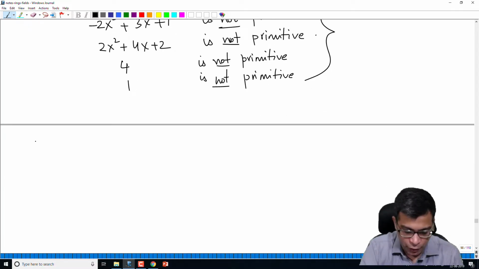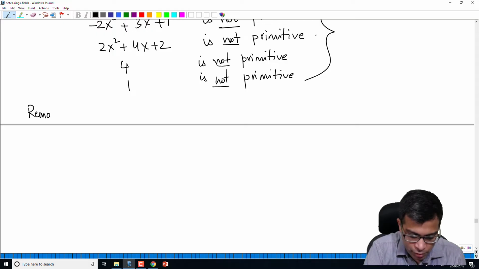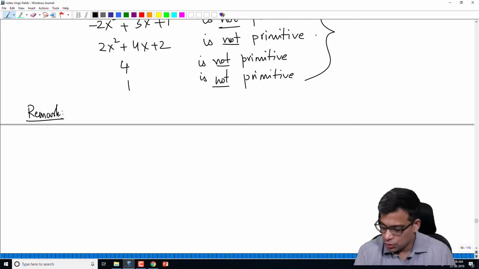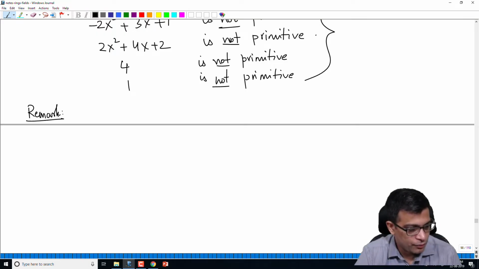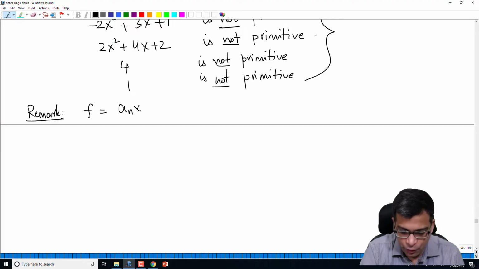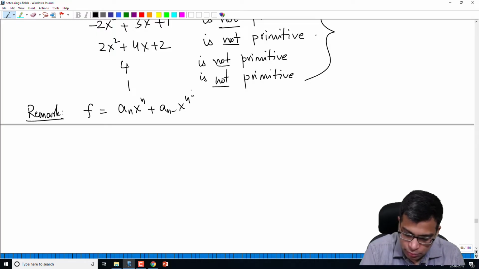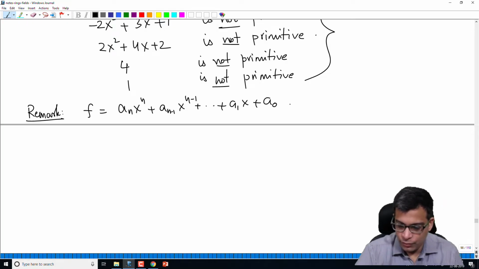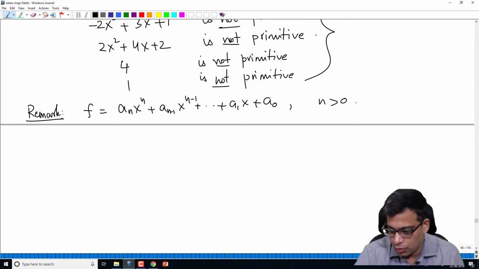And we make the following easy remark. If f is as before, a_n x^n + a_{n-1} x^{n-1} + ... + a_1 x + a_0, and let's say n is positive and a_n is positive.